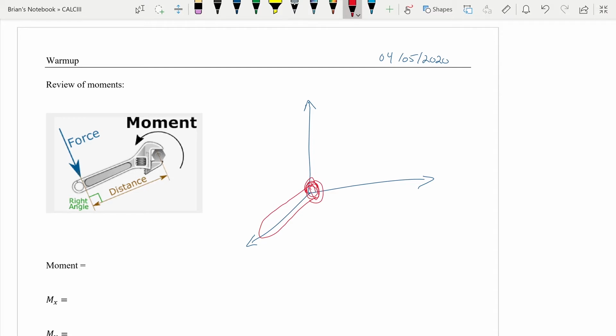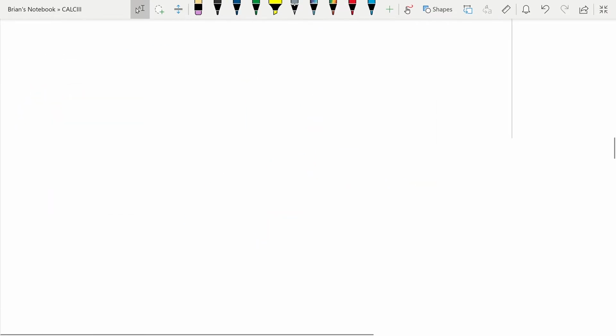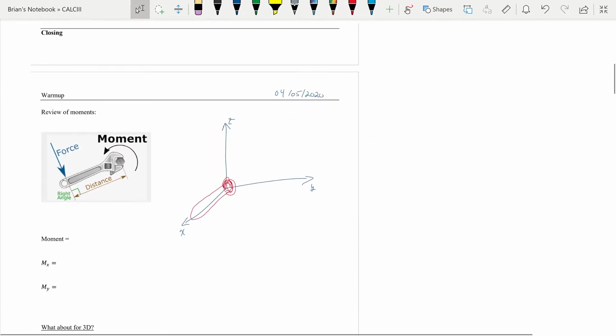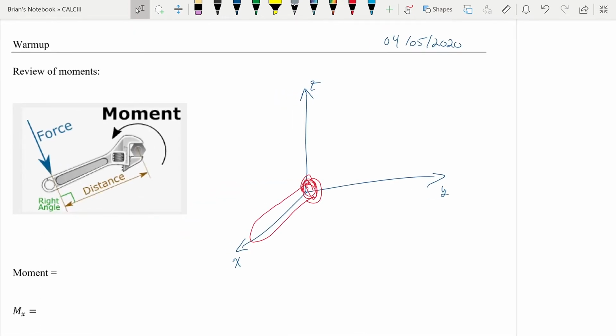So if our wrench is right there, and this is the X, Y, and Z axes, and if we do a force down Z, then we have a moment about the y-axis. That's how that works. And you can see that described here. So this would be the y-axis looking into the picture.